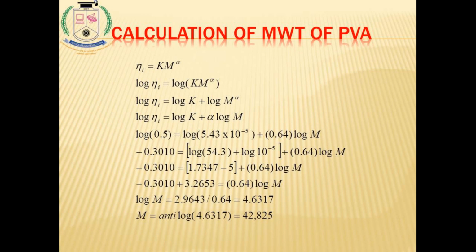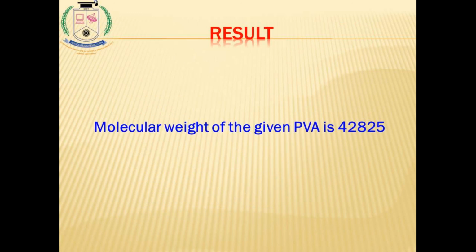Now, the antilog of 4.6317 will give us the molecular weight of the polyvinyl alcohol, that is 42,825. 42,825 will be the molecular weight of our polyvinyl alcohol.